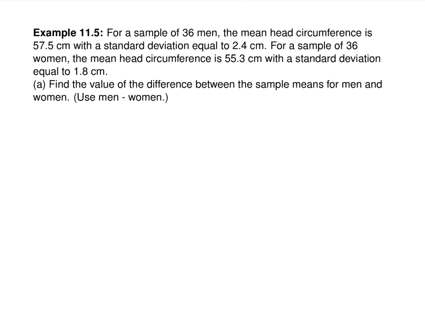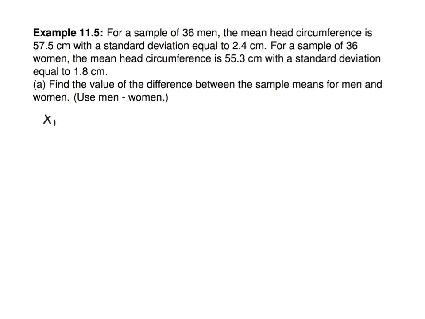And the final example that we have is a difference. So for a sample of 36 men, the mean head circumference is 57.5 centimeters with a standard deviation of 2.4. And for a sample of 36 women, the mean head circumference is 55.3 with a standard deviation of 1.8. So find the value of the difference between the sample means for men and women. We're going to use men minus women.